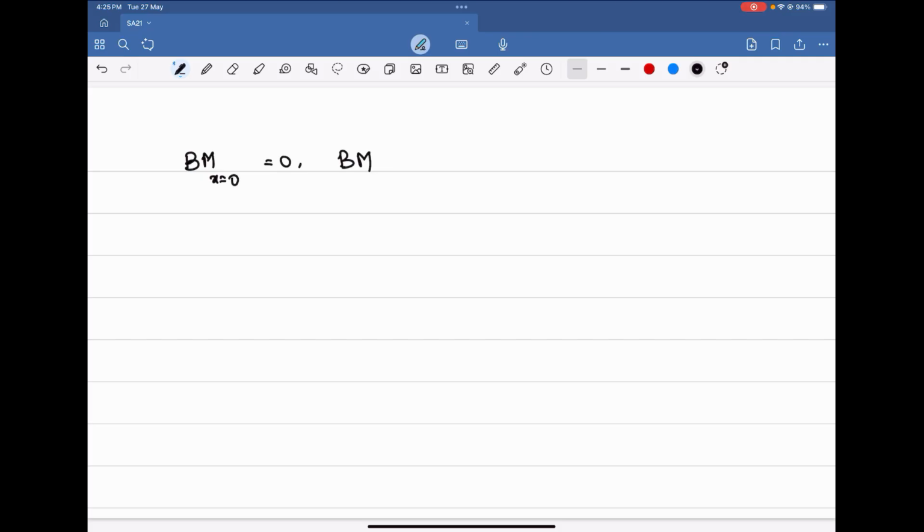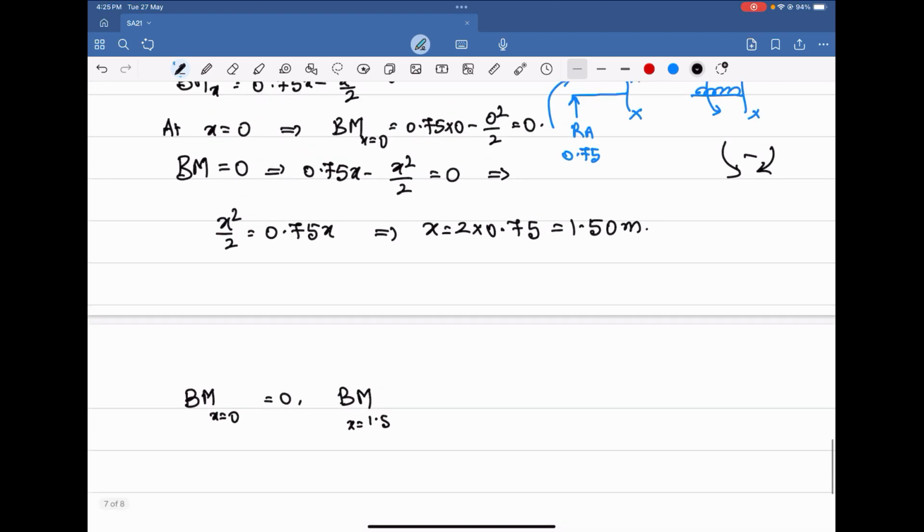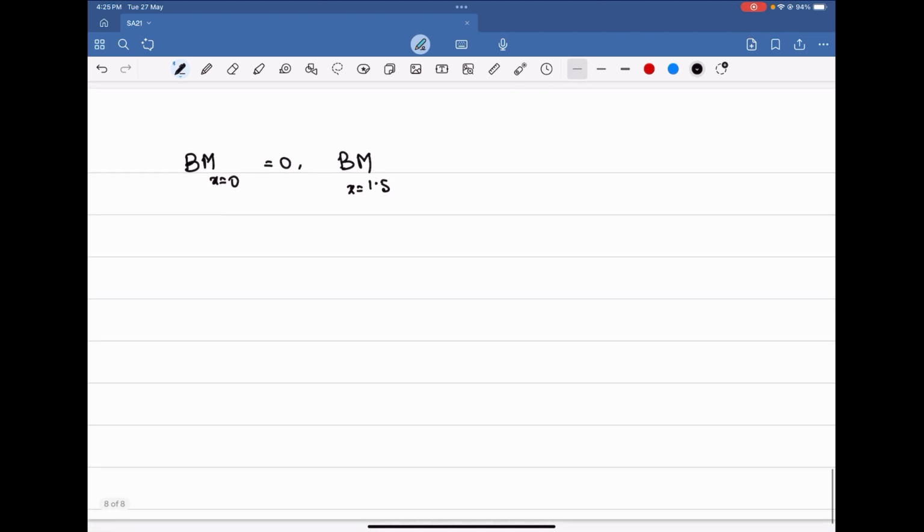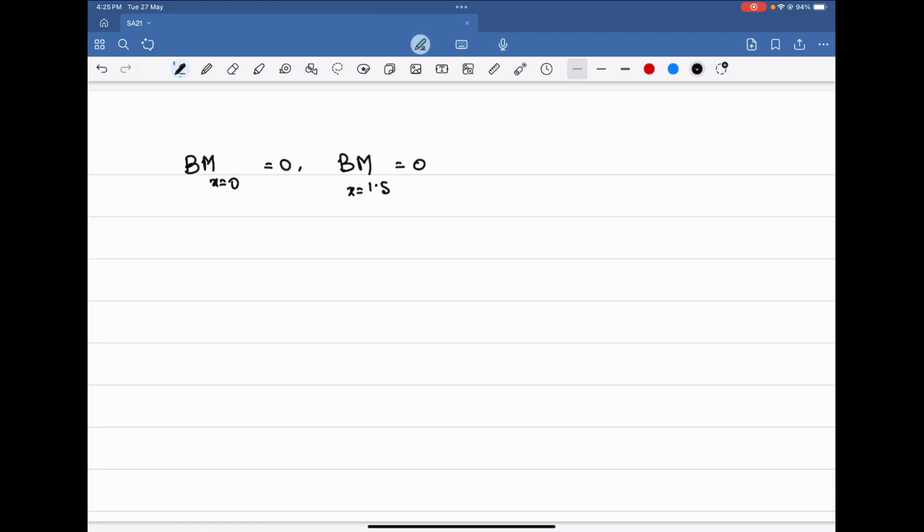Bending moment at 1.5, x is equal to 1.5. Just now we have got bending moment is equal to 0. And bending moment is maximum. What is the bending moment equation? 0.75x minus x square by 2.